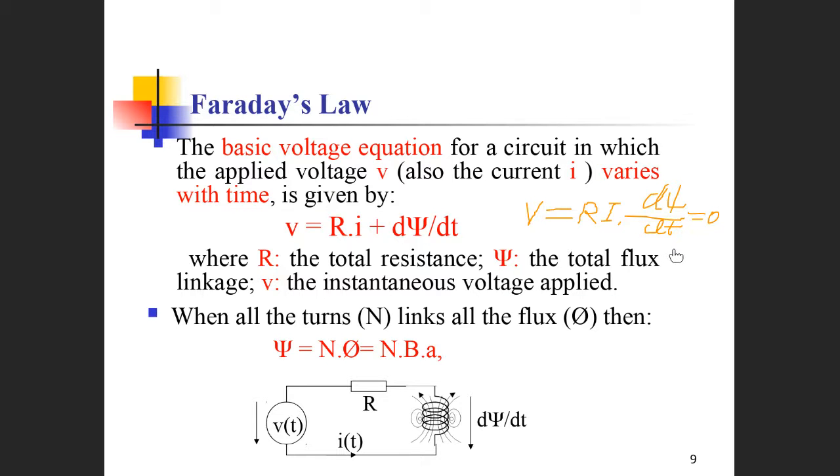In the DC circuit, the current does not change, right? So dφ/dt is 0, so there are no inductions. The voltage does not change, the current does not change, and for a given resistance, there will be this one. This is the DC circuit case.